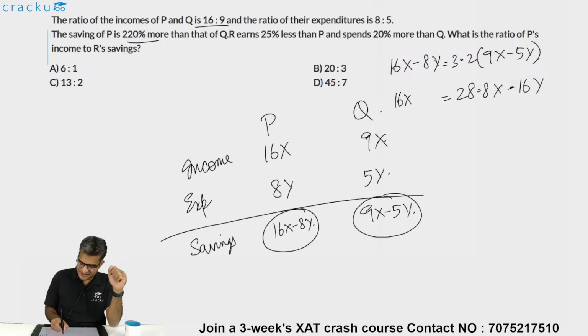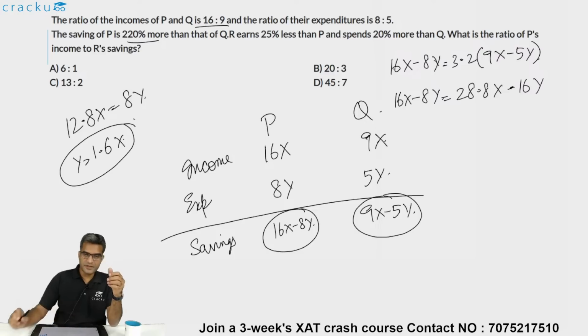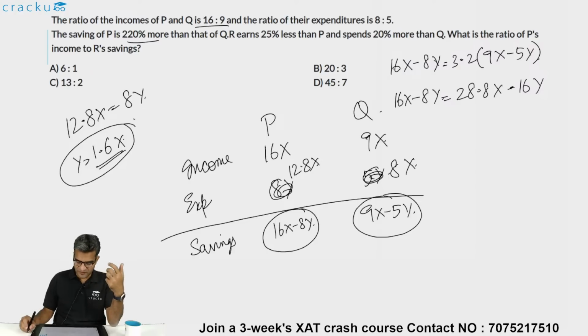This would tell us that 12.8x is equal to 8y, or the value of y is 1.6x. So the expenditure of P is 8 into 1.6, which is 12.8x, and this is 5 into 1.6x, which is 8x. The savings of P is 16x minus 12.8x, which is 3.2x, and that of Q is 9x minus 8x, which is x.